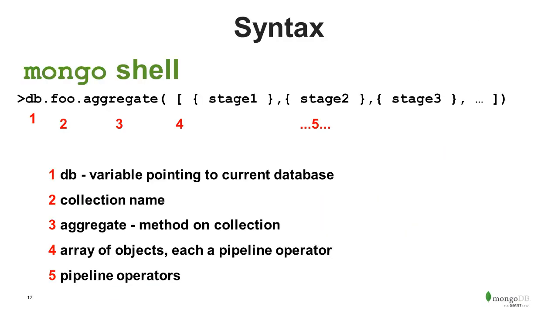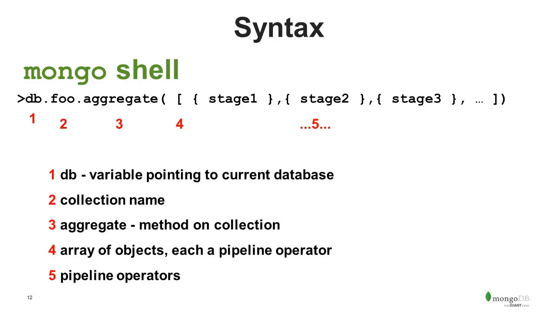So the syntax for an aggregation within the Mongo shell is composed of essentially 5 different parts. You always have your db variable, which points to the current database. You have the name of the collection. You have the aggregate method.